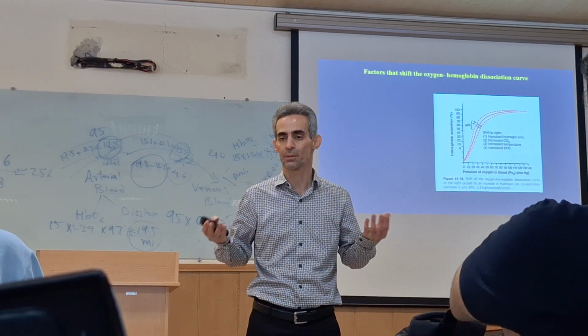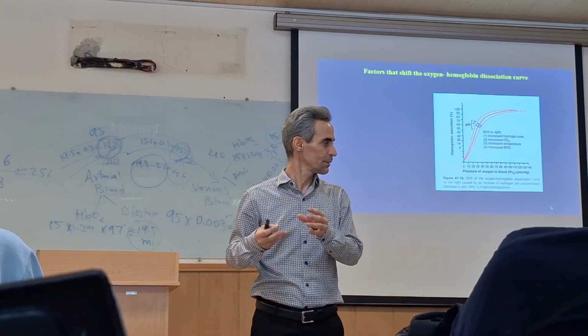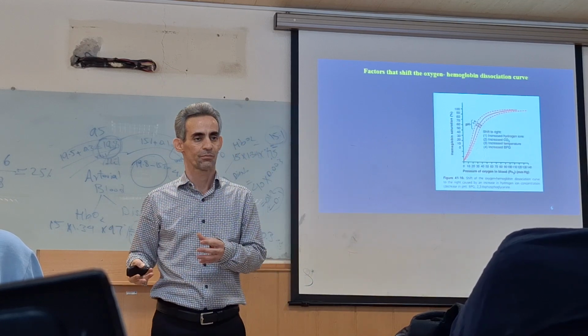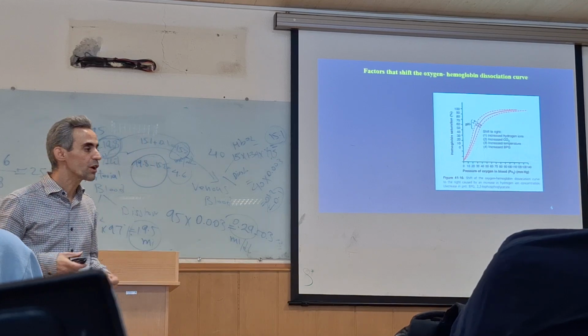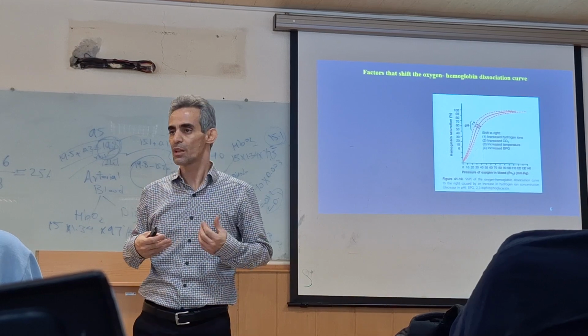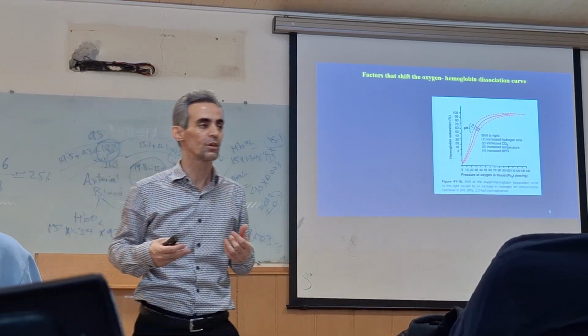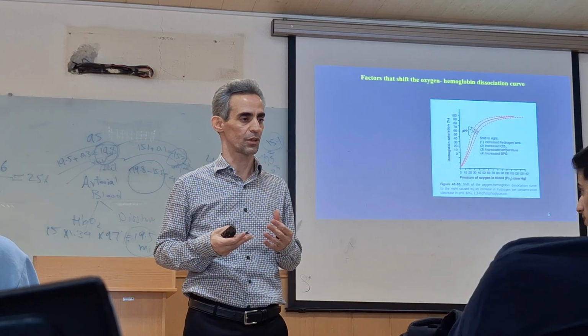In right shift, what happens? The oxygen is released from hemoglobin, and this oxygen can be used by the cells. For example, what happens during exercise? During exercise, the activity of the body increases. The metabolism increases. During metabolism, we have a high amount of carbon dioxide production.